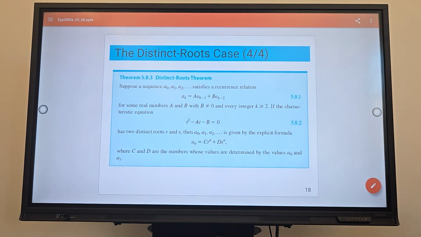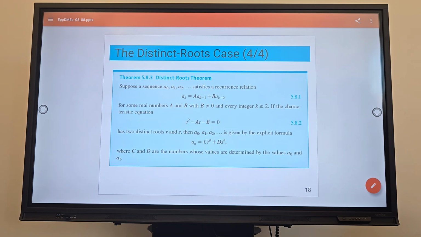Distinct roots theorem, theorem 583. Suppose the sequence A satisfies the recurrence relation given for some real numbers a and b with b not equal to 0 and every integer k greater than or equal to 2.